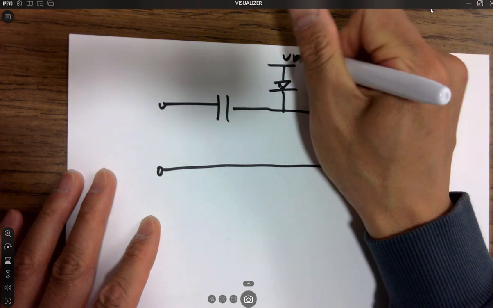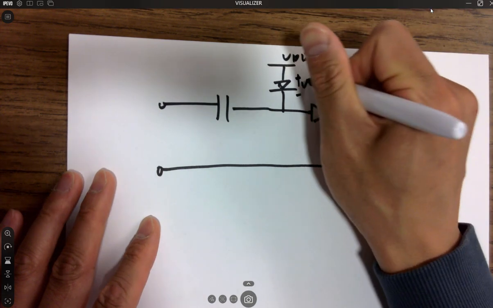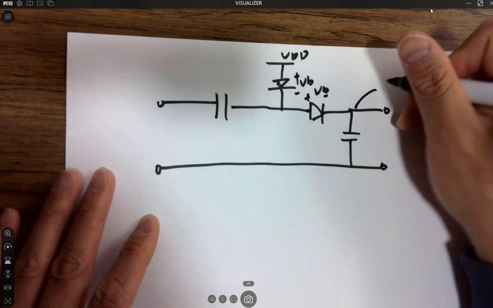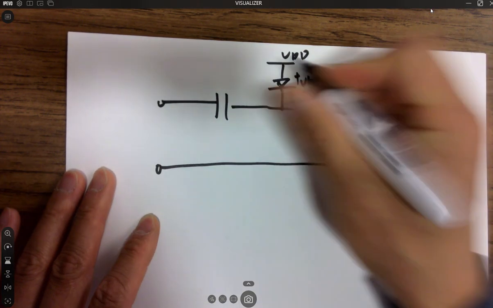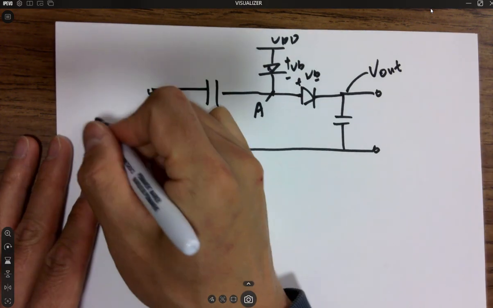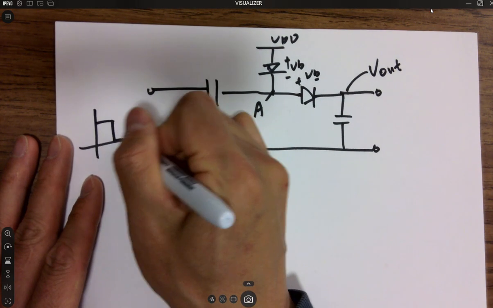And there's VD, and there will be a drop, which is VB. So I'm asking you, what's the VL over here, and what's the voltage here? The difference. And this is from 0 to VD oscillation.